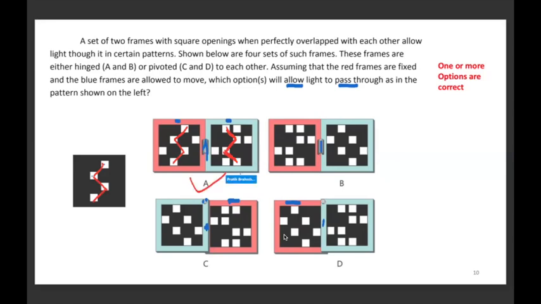So A sahi hai. When they overlap, we'll get these holes. Case of B, when I try drawing that same replication, because red is fixed, यहाँ पे और यहाँ पे blocks are missing, so B galat hai.